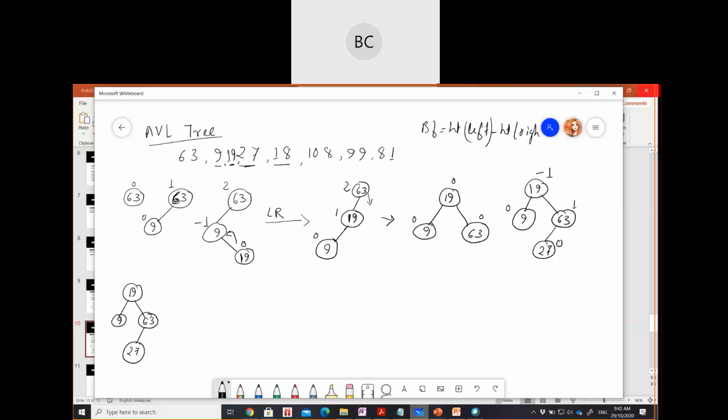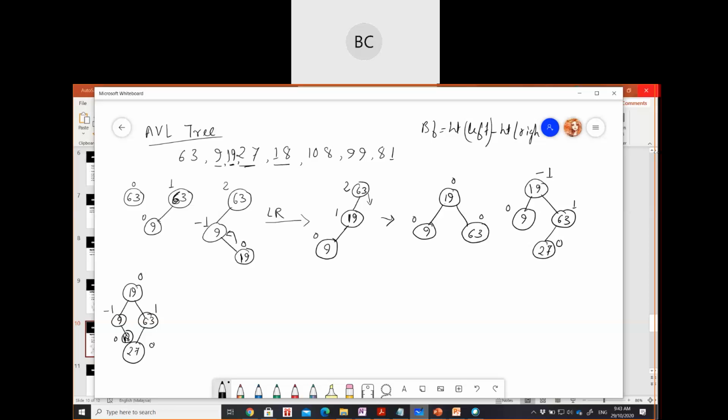Again it's greater than 9. So we will add here. So again see the balance factor. It's 2 minus 2, 0. For 63 it's 1, 0. It's minus 1 and it's 0. So again it's balanced. No need to do anything. Correct?